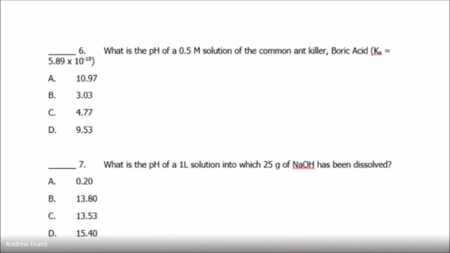What is the pH of a 0.5 molar solution of boric acid? Ka of 5.89 times 10 to the negative 10th.